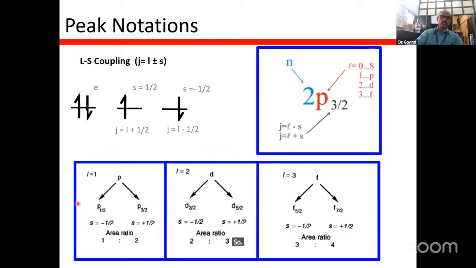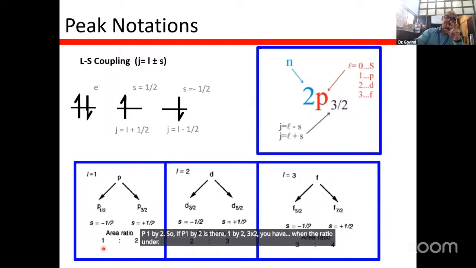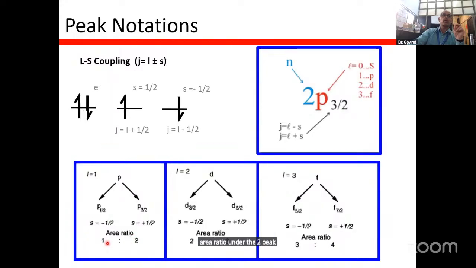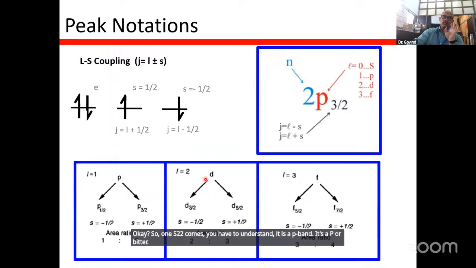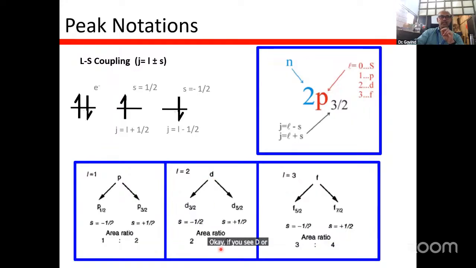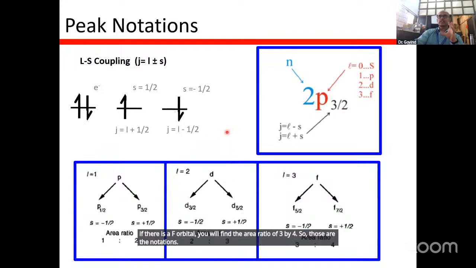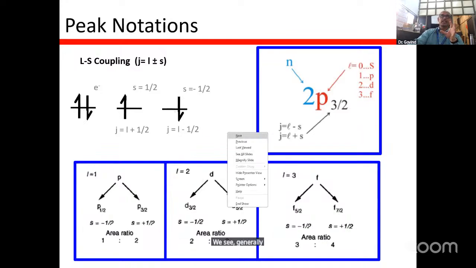Based on that, for the P orbital you have 1 by 2 and 3 by 2, and the area ratio under the two peaks is always 1:2. So when 1:2 comes, you have to understand it is a P orbital. For a D orbital, the area ratio is always 2 by 3. For an F orbital, you will find the area ratio of 3 by 4. Those are the notations we generally see during XPS interpretation.